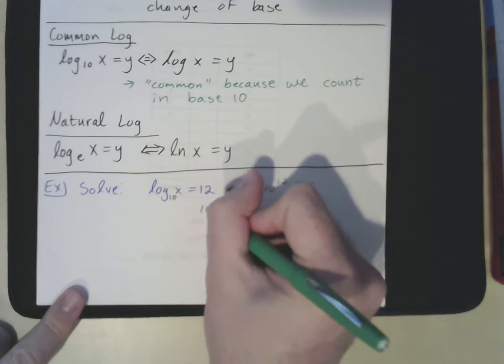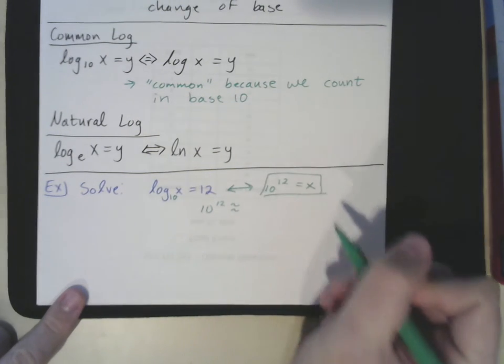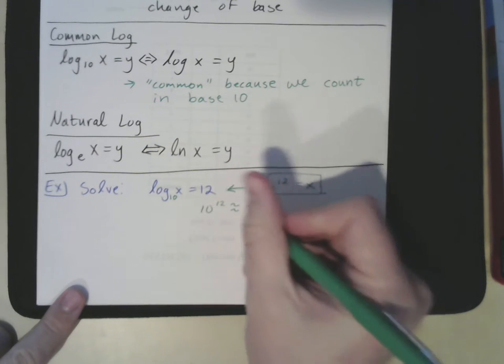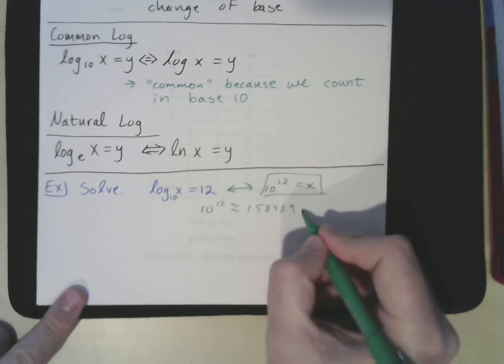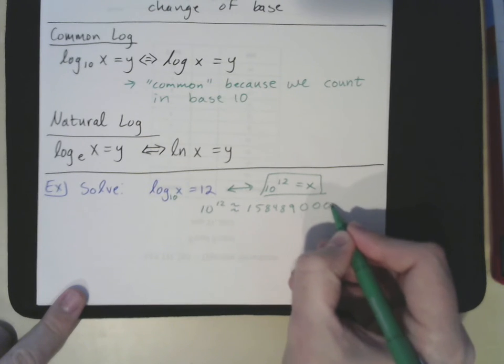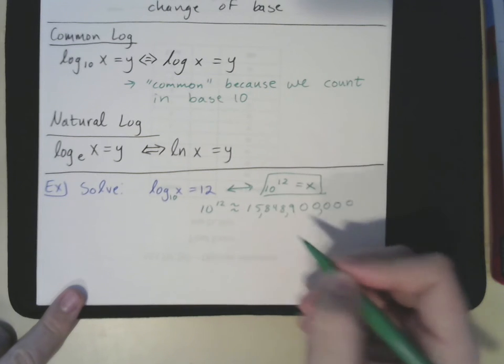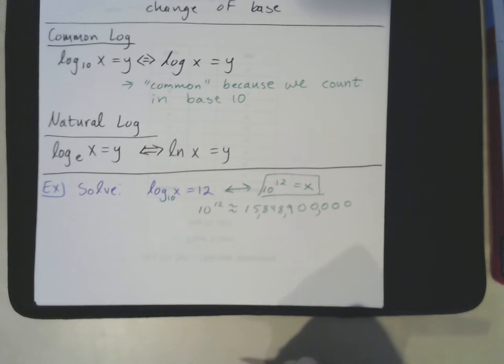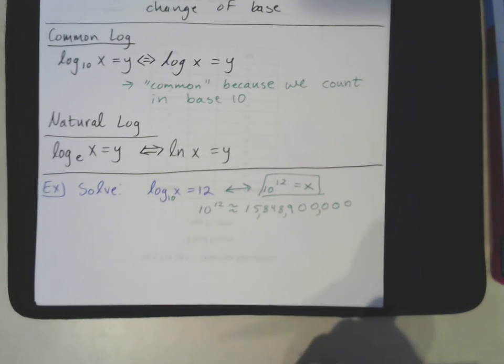And if you're curious what 10 to the 12th is, this is as far as we would need to take it. But just in case, it's approximately 15,848,900,000.